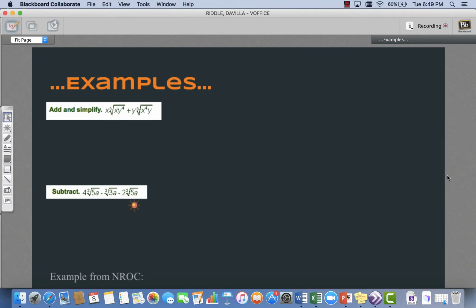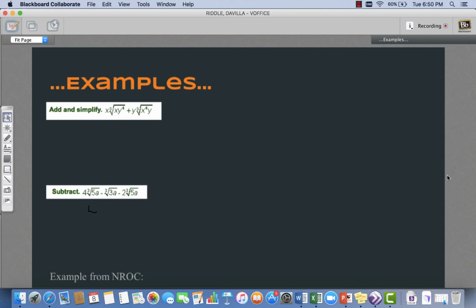Would I combine them as well? All right, okay, so with process of elimination, you can see that this 5a can only combine with the 2 cube root of 5a right there. That's because they have the same numbers and variables inside there. So only when they have the same exact numbers inside, they'll be able to combine.